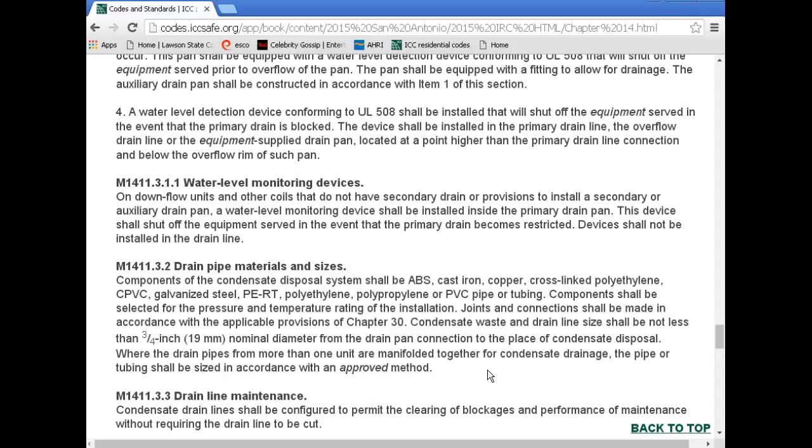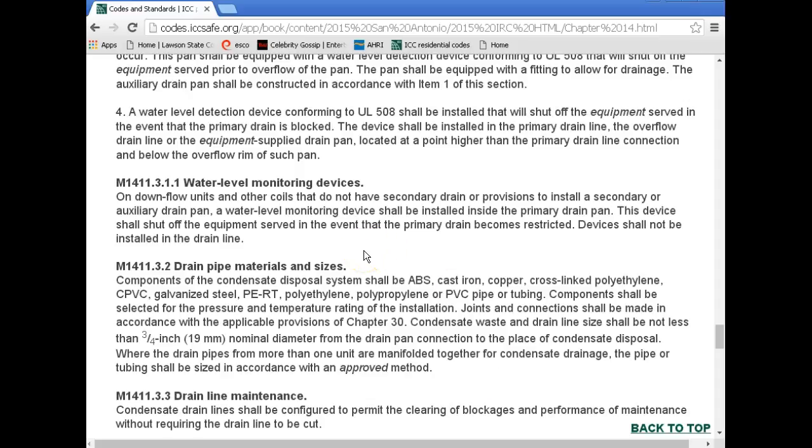Y'all see that? 14.11.3.2. I guess we did hit 14.3.1 water level monitoring devices, but yeah, it's fine to have that one listed too.